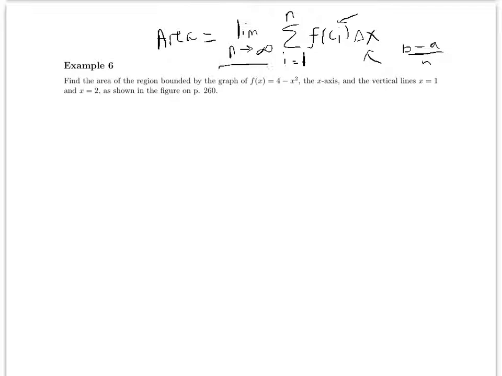Taking the limit as n approaches infinity says we have an infinite number of rectangles, okay? So we find that this is an exact area of a region in a plane, okay?